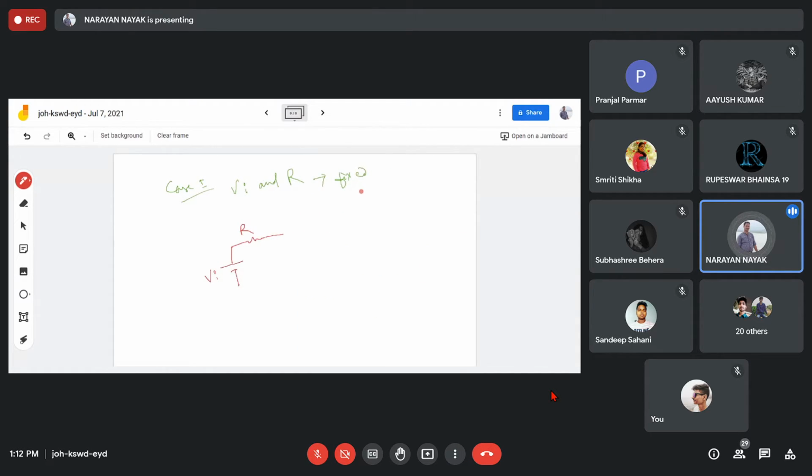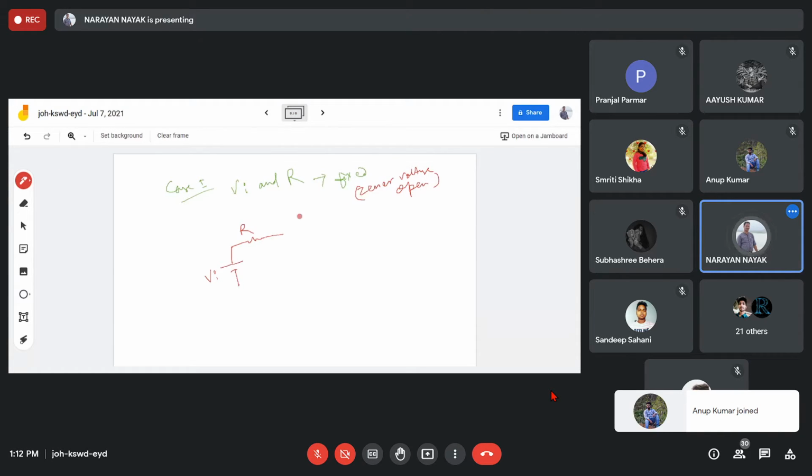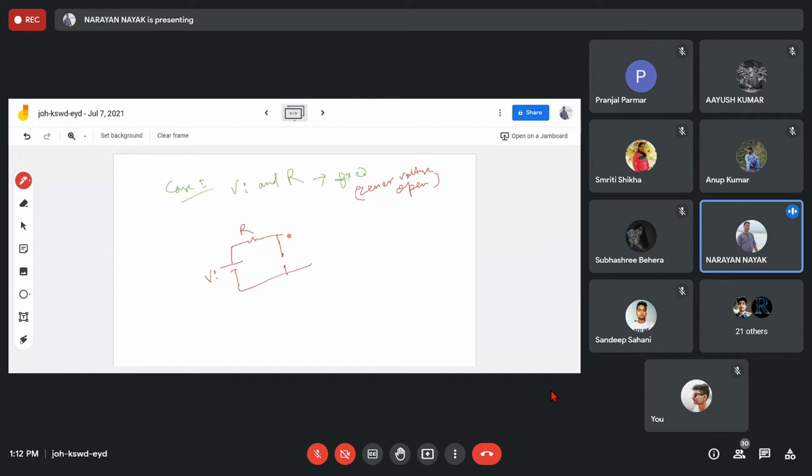This is case 1. The Zener diode is open circuited, which means it is disconnected from the circuit.